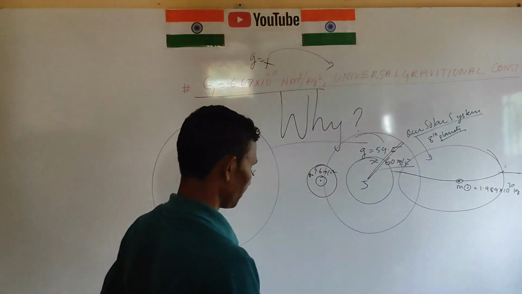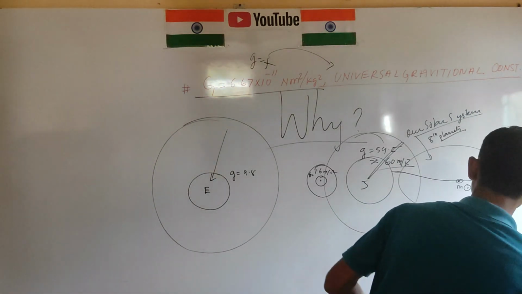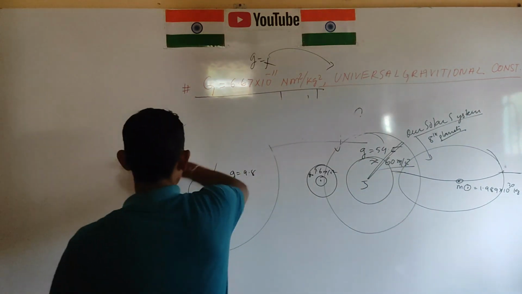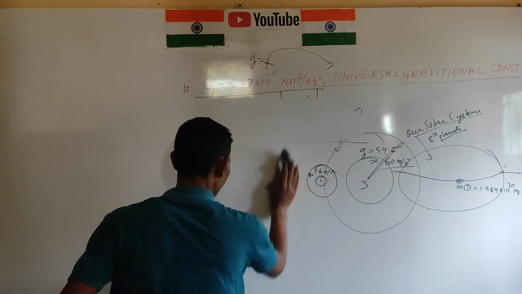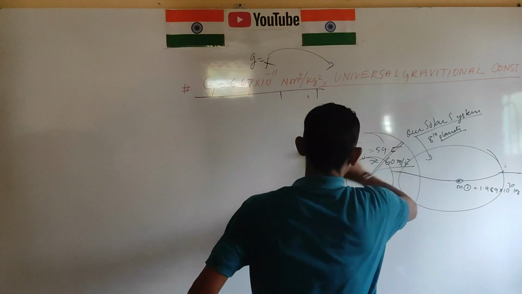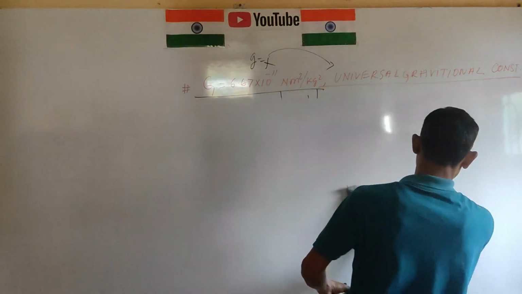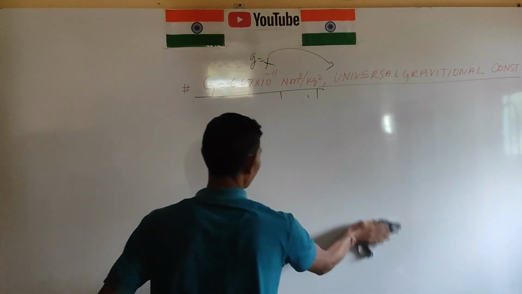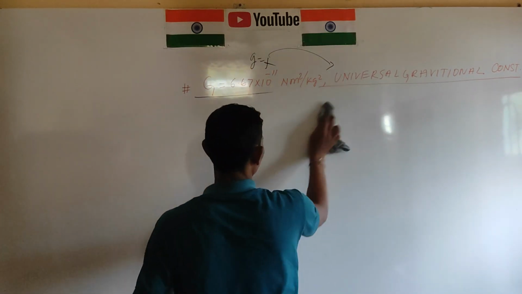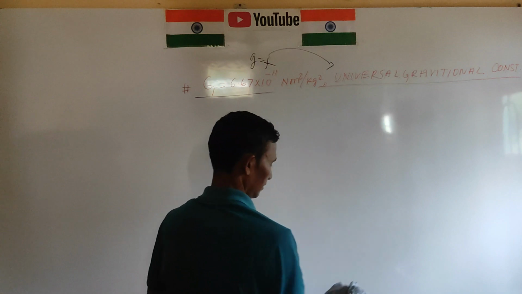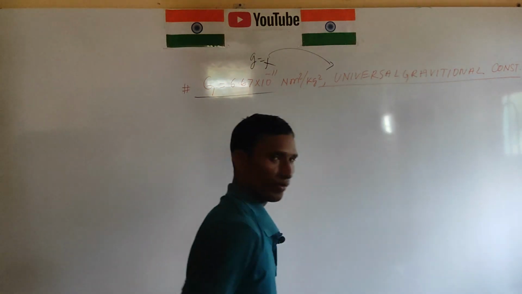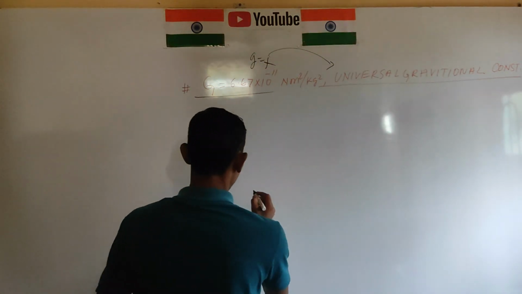Universal means like this. So look at this one. Universe. Here is the Sun.